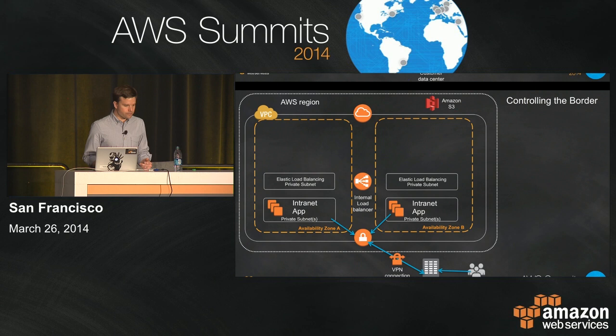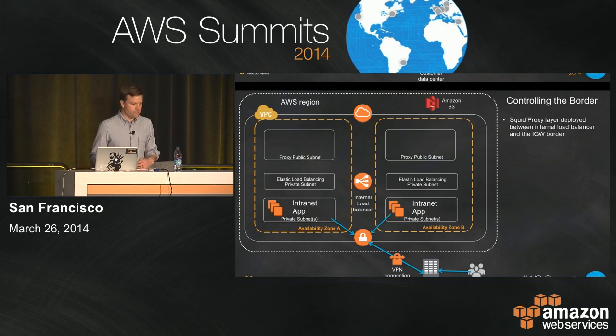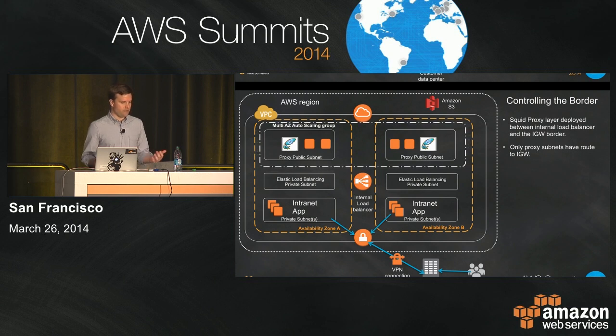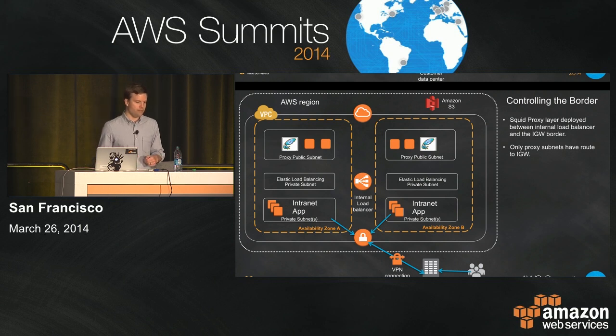So what would the rest of the infrastructure look like? Here's the public subnet. In this case, I've chosen Squid as my proxy layer. Again, we have many options here for a proxy, but for this one, we've stuck with Squid. Only the proxy subnets themselves have the route to the IGW. Obviously, the squids themselves are in a multi-AZ autoscaling group that's assigned to the Elastic Load Balancer.